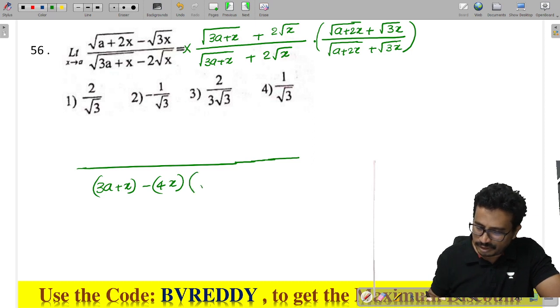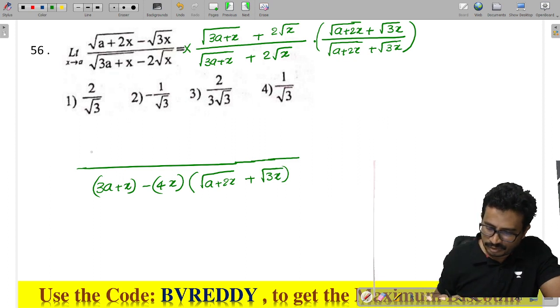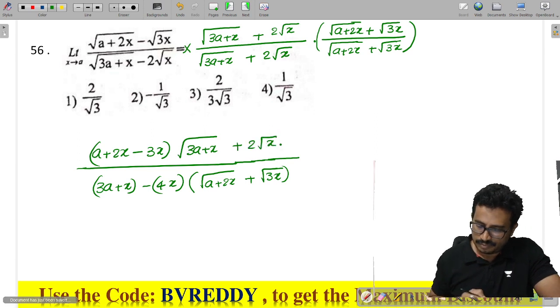Then now you see this thing, what will I get here? Denominator, which is the extra term, is a plus 2x plus root 3x. Now here numerator, what do we have, tell me? a plus 2x minus 3x into root 3a plus x plus 2 root x. Now just simplify this expression.